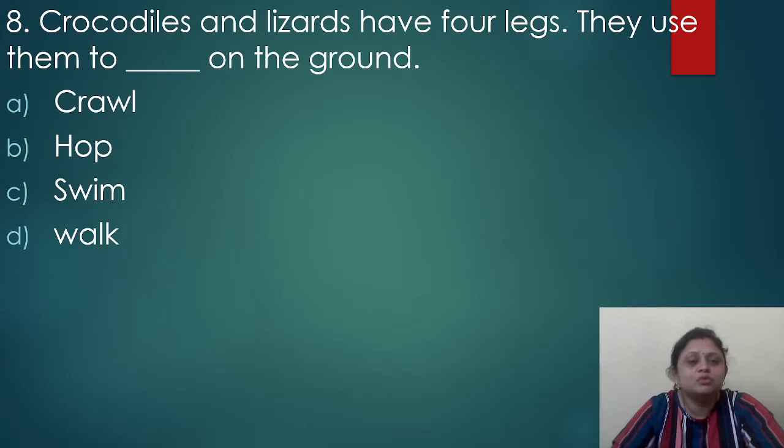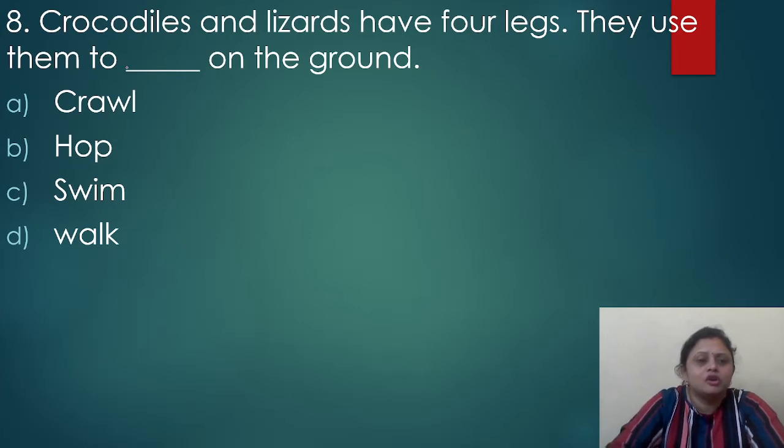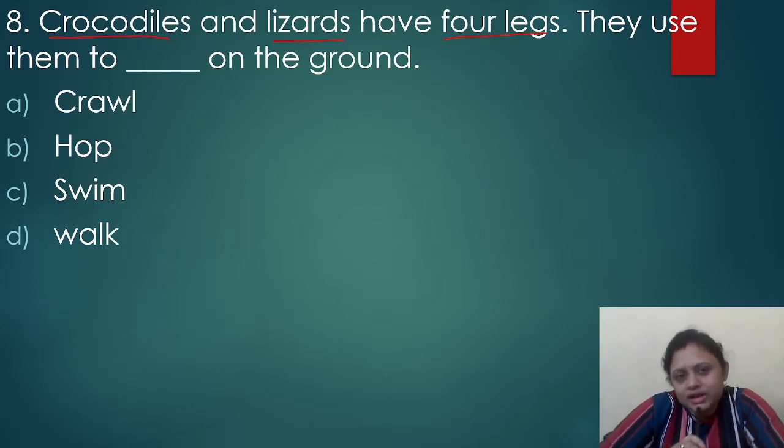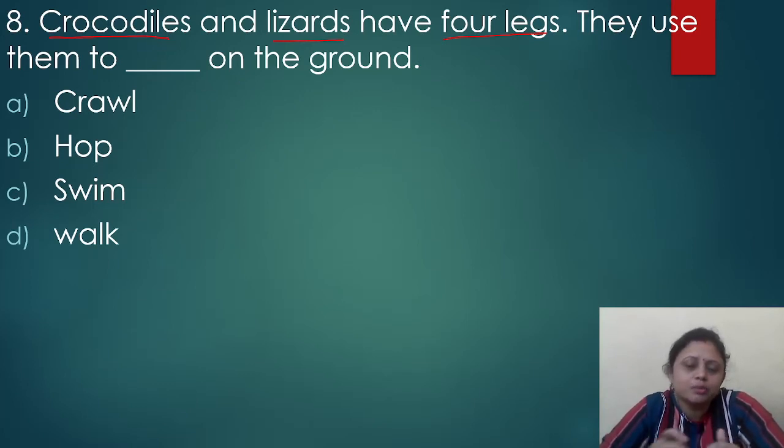Next one is, crocodiles and lizards have four legs. They use them to blank on the ground. Option A, crawl, B, hop, C, swim, D, walk. So crocodiles and lizards have four legs, and they use them on the ground. You must have seen crocodiles and lizards, right? And how do they move on the ground?